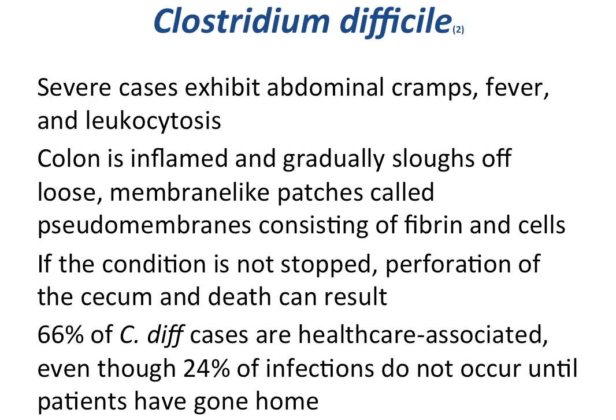Since it causes epithelium necrosis, many pieces of the epithelium will be shed off. Okay, shed off. So we can find this loose membrane-like patch in the stool. Okay, so that's why it's called pseudomembranous. So this pseudomembrane consists of fibrin and serum.